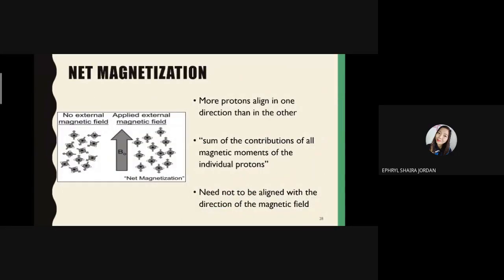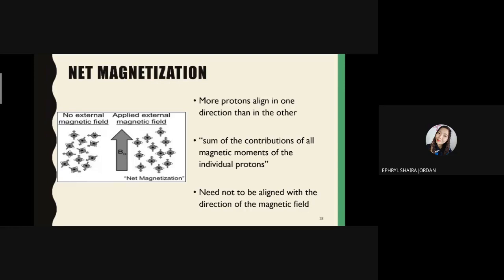Okay, what is net magnetization? Net magnetization occurs when more protons align in one direction than in the other. It is not necessary na kung saan yung direction ng magnetic field, dun din ang direction ng net magnetization. Net magnetization is the sum, from the word net, of the contributions of all magnetic moments of the individual protons.